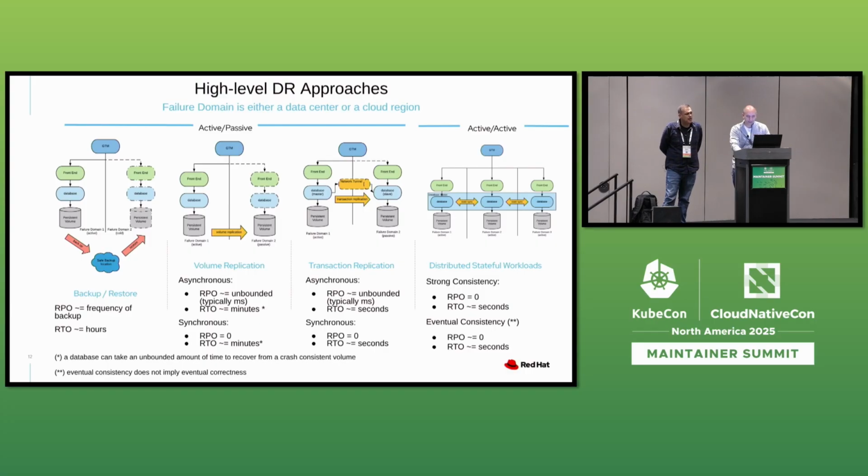If you have failure domains that are Kubernetes clusters, these architectures require an east-west communication capability between the clusters, so some sort of network tunnel between the SDNs of the clusters, okay?